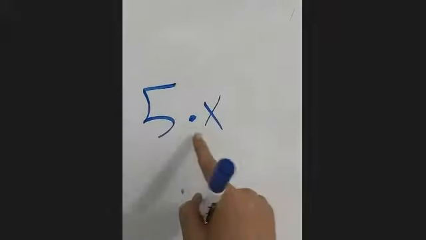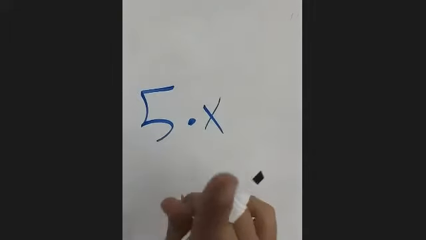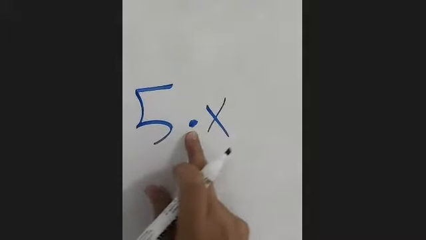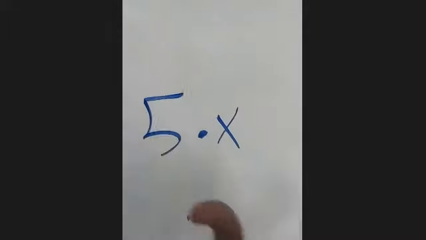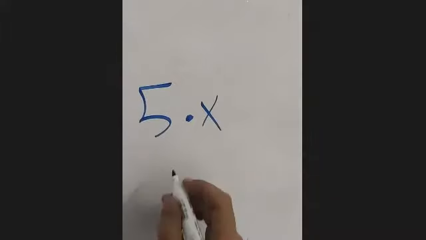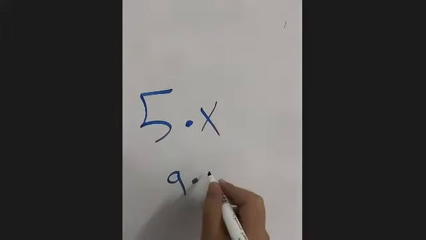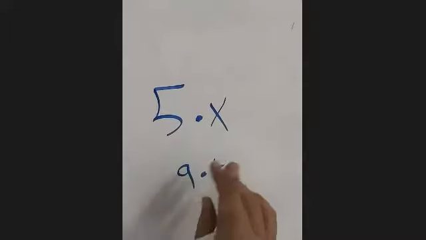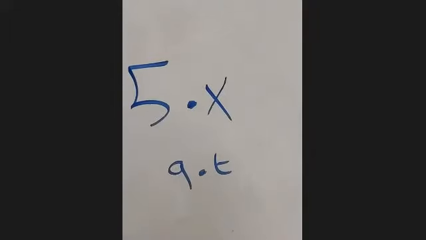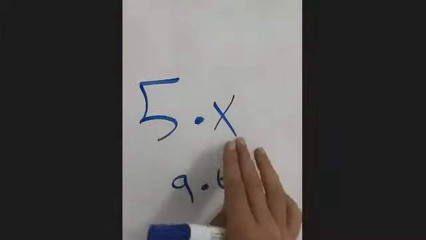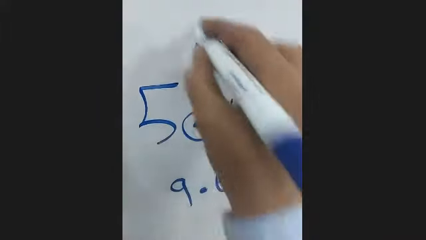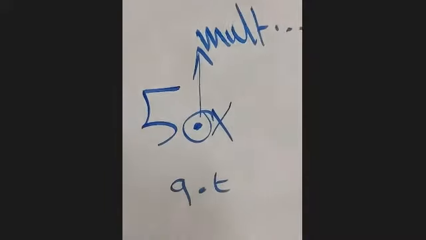Wait. This is not a decimal. Okay? This is not a decimal, so nobody write it like this, for example 9 decimal t. No. In math, if we have a variable here, it means multiplication.